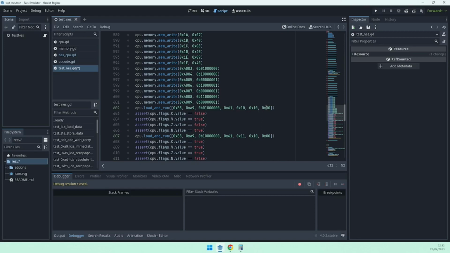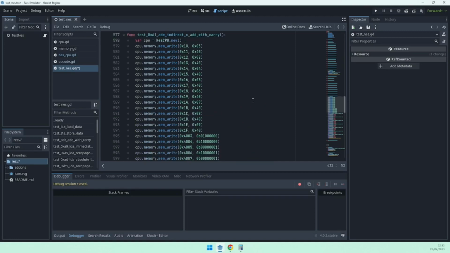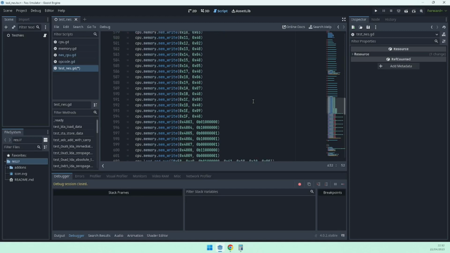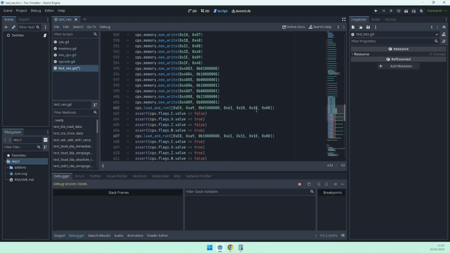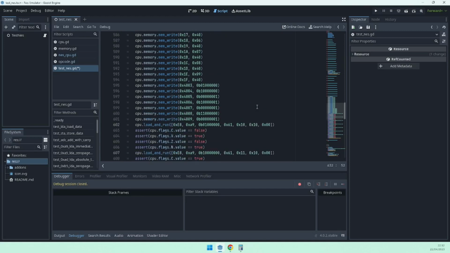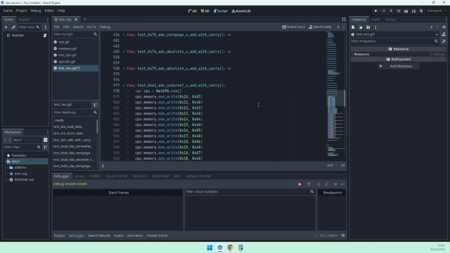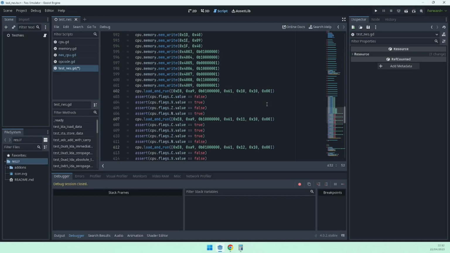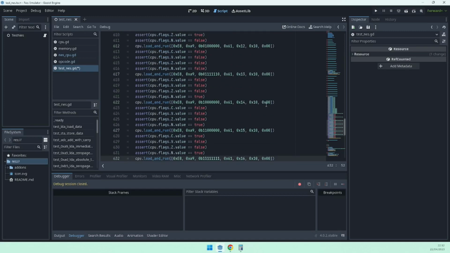So now we have either X takes 1 or 2 bytes.